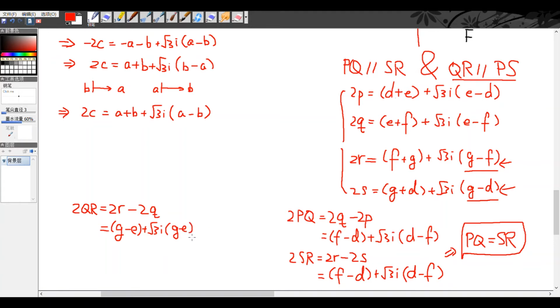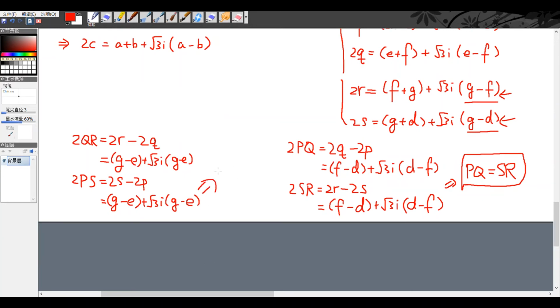And similarly, 2PS is just equal to 2S minus 2P, so D terms are eliminated, so we have G minus E here again, plus the square root of 3i times, again, all D terms are eliminated right here. So we have G minus E again, which suggests that QR is actually equal to PS.